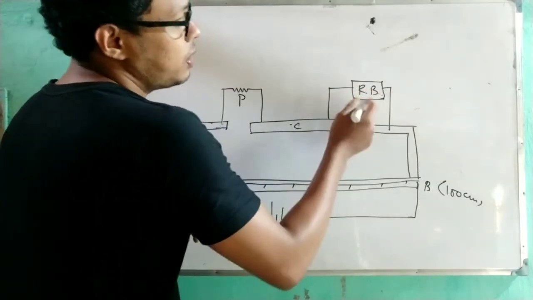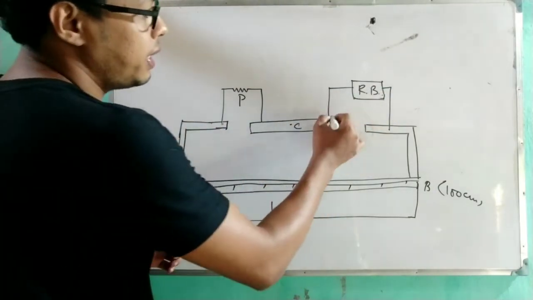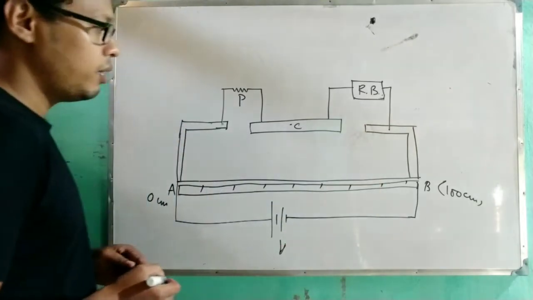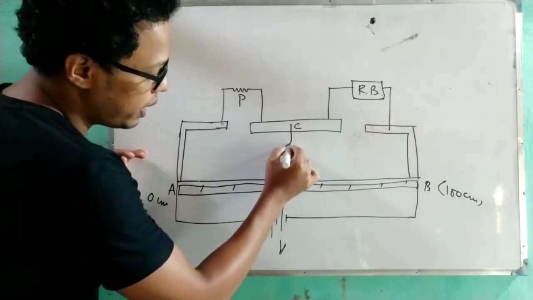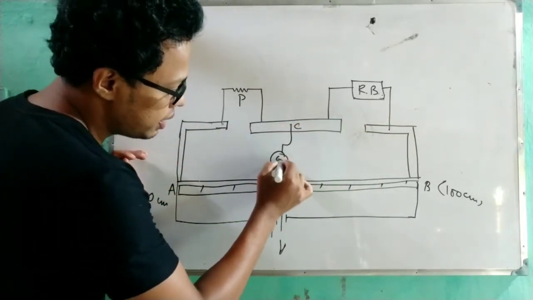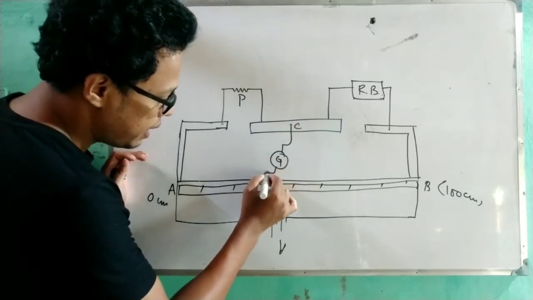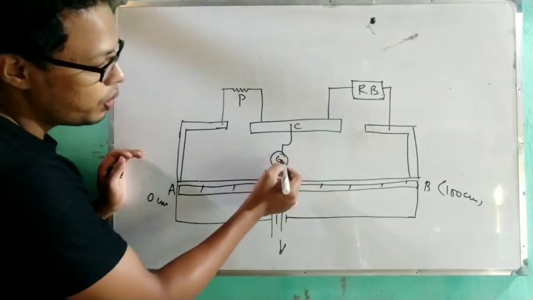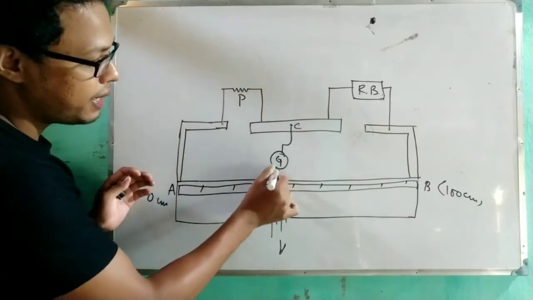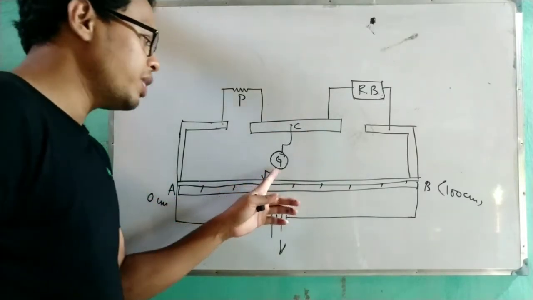So this is the resistance box which is connected across these two terminals, and from here one galvanometer is connected from C. One terminal will connect to the C point, and another terminal you have to connect to the jockey.